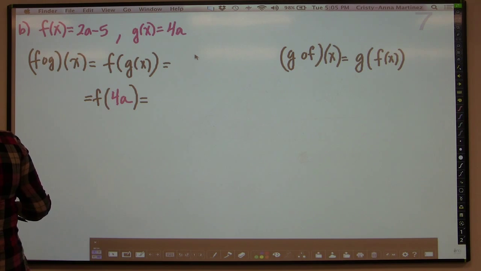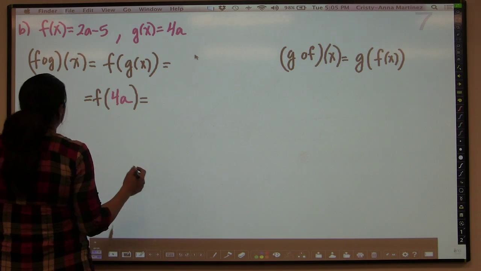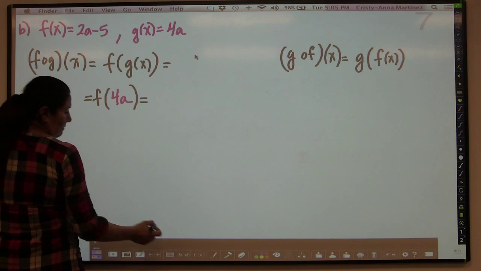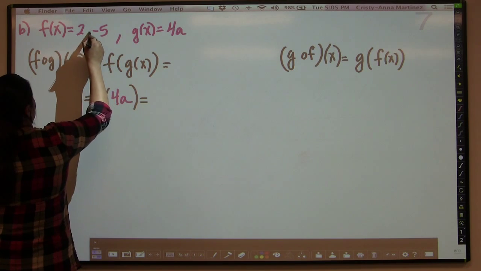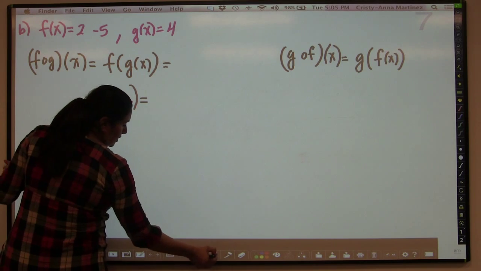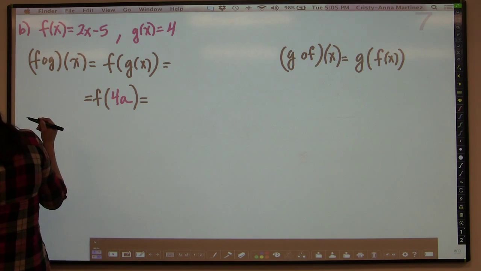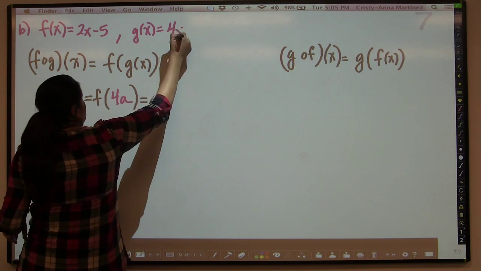So we want to call this x, I guess. Let me fix that for you here. So we're going to go ahead and just call it x. So it's going to be 2x minus 5, I believe it was, and 4x for our two functions.